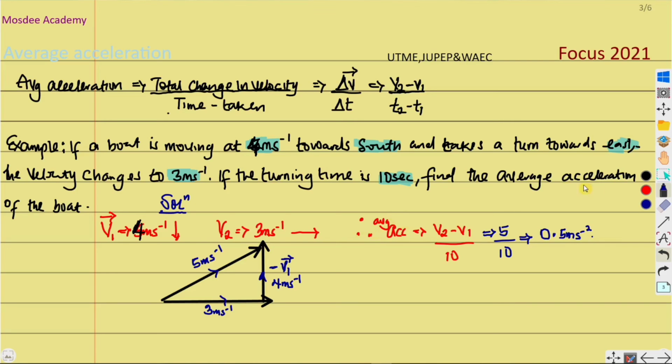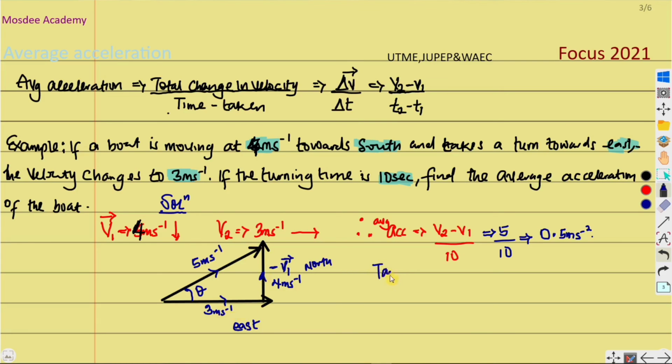Now you can also be asked in some cases to look for the direction, because this is the magnitude. To look for the direction, all you can do is go by the angle between these sides: this side is the east, and this side is the north. So please note, you're looking for the angle between the east and the north, which is theta. So you can say opposite over adjacent.